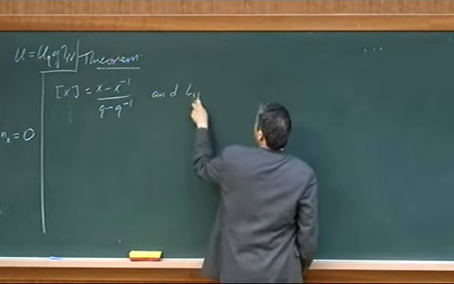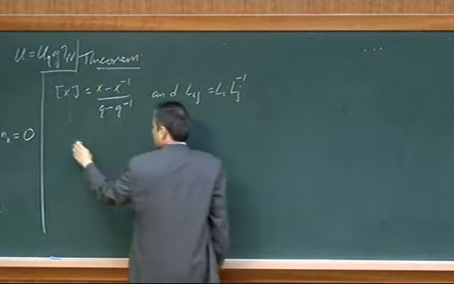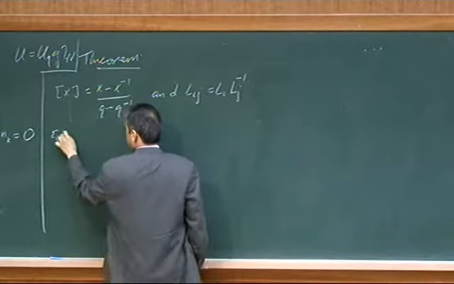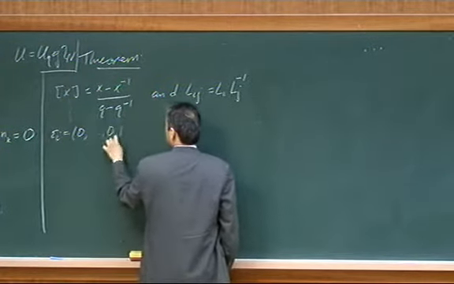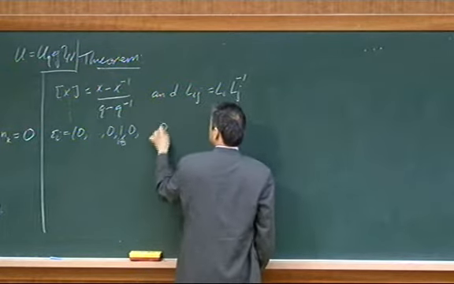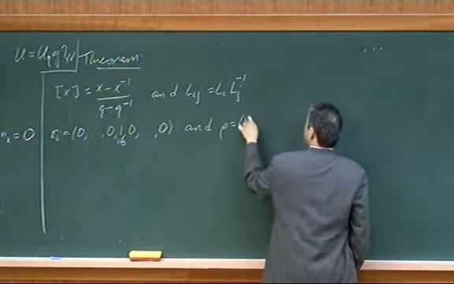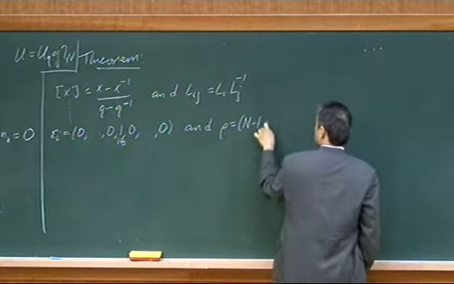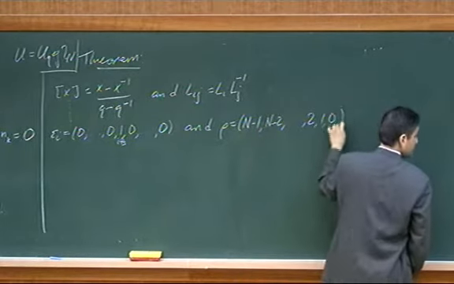And L_ij, I will let that be L_i L_j inverse. And I will need epsilon_i to be the vector which has a 1 in the ith place and zeros everywhere else. And rho will be (n minus 1, n minus 2, ..., 2, 1, 0).